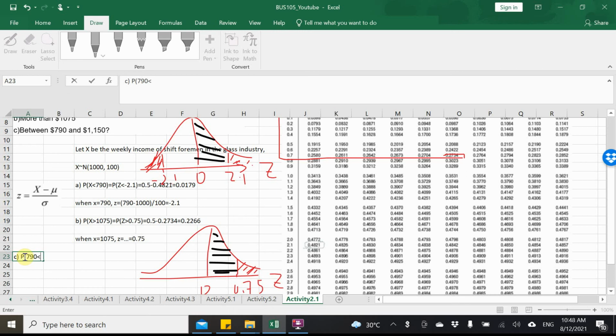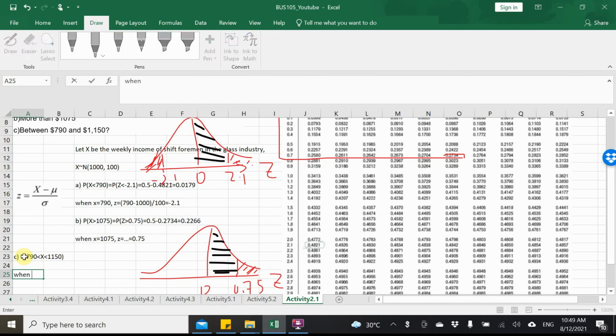So we want to calculate the probability X between 790 and 1150. Same as before, we need to do the standardization and get the z-score for both values of X. For 790, we have already got the z-score from part A, that is minus 2.1.